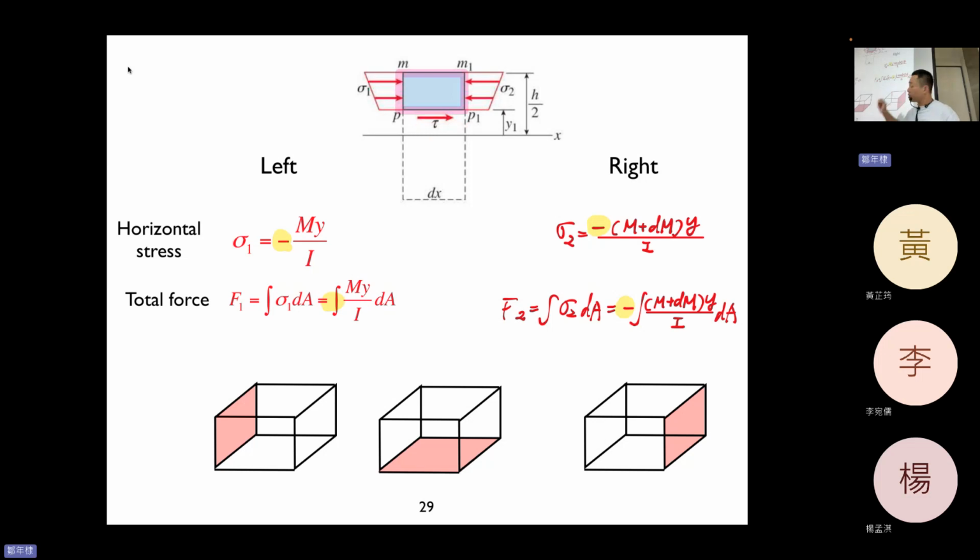So now the tau here in the middle, tau is actually F3, tau dx b. Okay, b is the dx, sorry, dx, and this is b. All right.